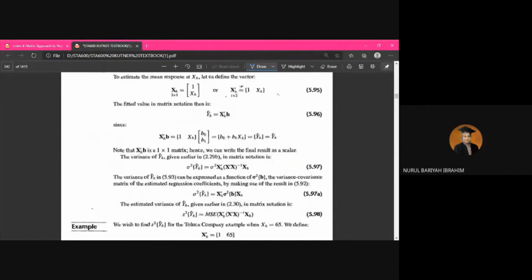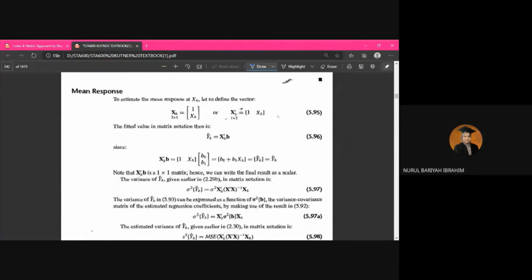Okay, the next one is the mean response. For the mean response, we also need the standard deviation. So first of all, you need to know how to find the value of the mean response. Before this, it is beta naught plus beta 1 XH to get the estimate of the mean response.